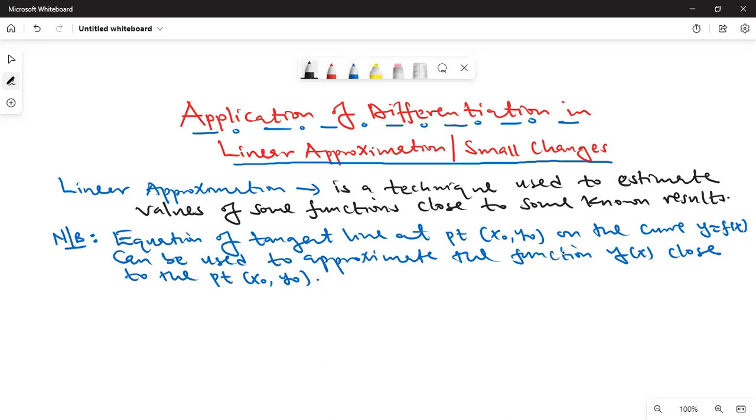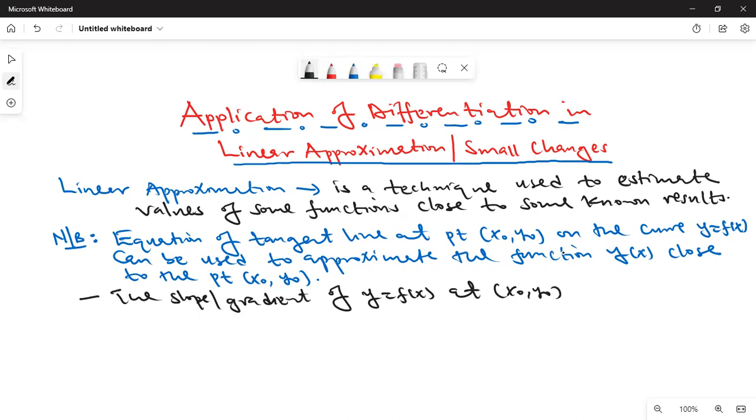So you can write that the slope or gradient of y equals f of x at point x0, y0 is the same as the slope of the tangent line at the same point x0, y0.